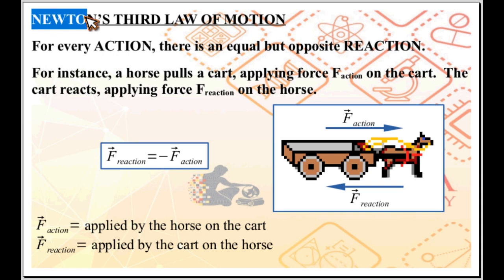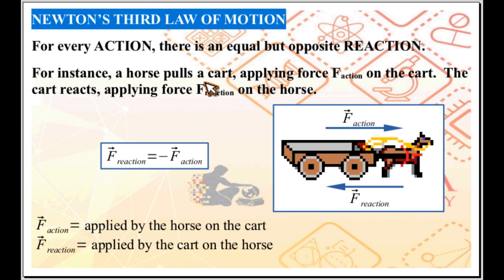Lastly, we have Newton's third law of motion, also referred to as the law of action and reaction. For every action, there is an equal but opposite reaction. F reaction is equal to negative F action. For instance, say you have a cart being pulled by a horse.